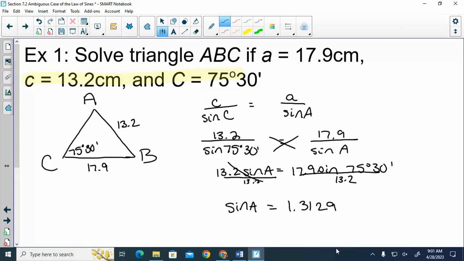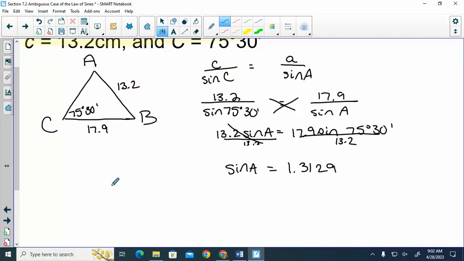Sine A equals 1.3129. What happens if you do sine inverse now? You have to be in degree mode. There's an error. Why did we get an error? It's more than 1. We know sine can't equal something bigger than 1. So this one is no solution. It tells me no triangle exists.